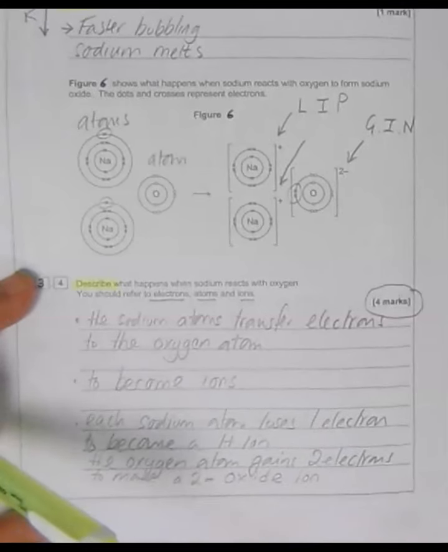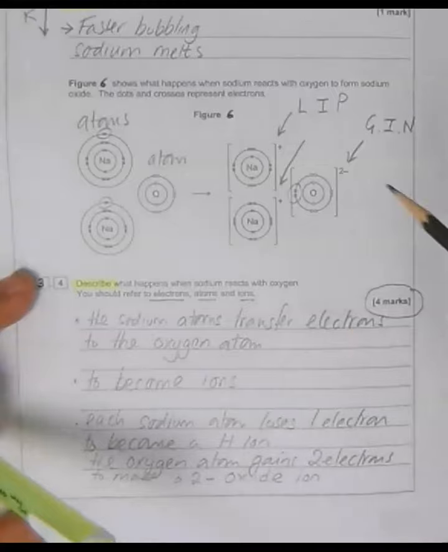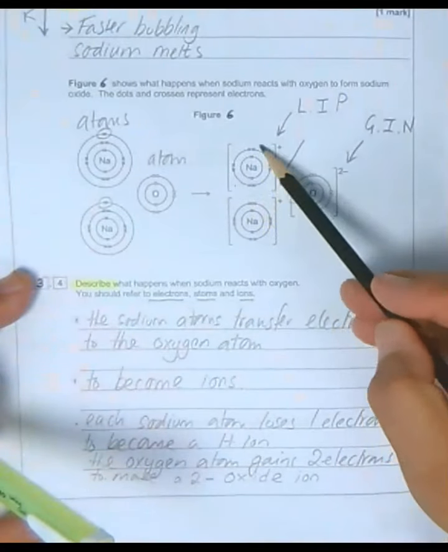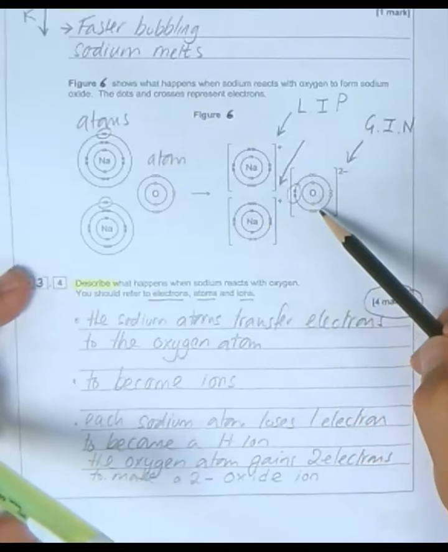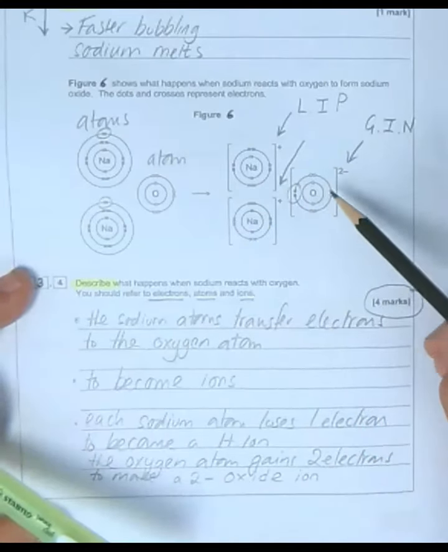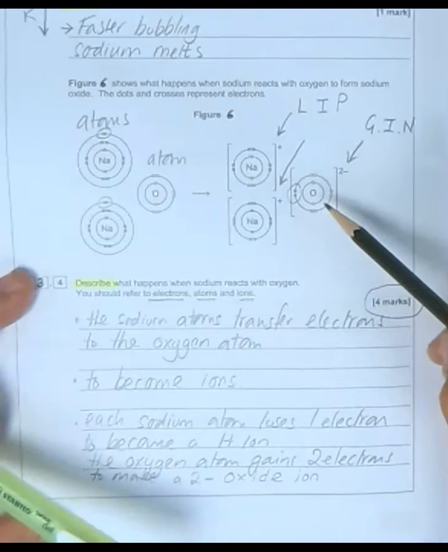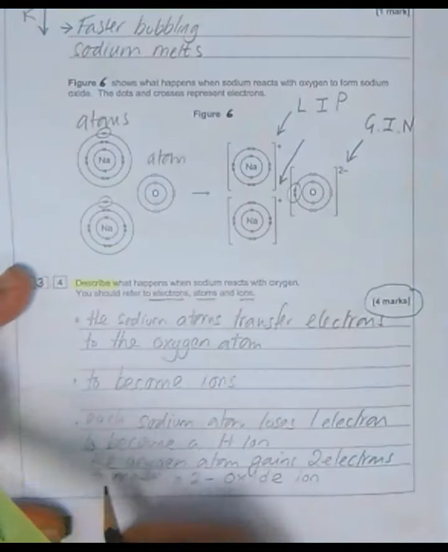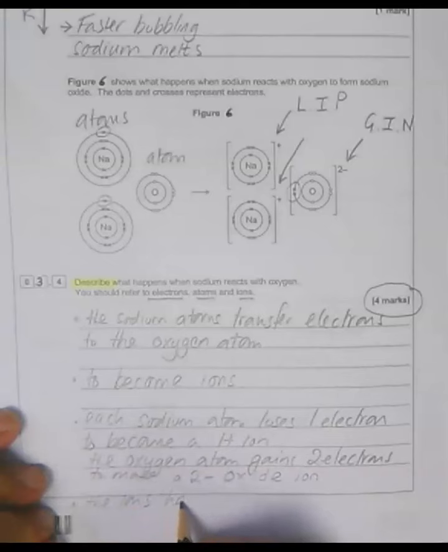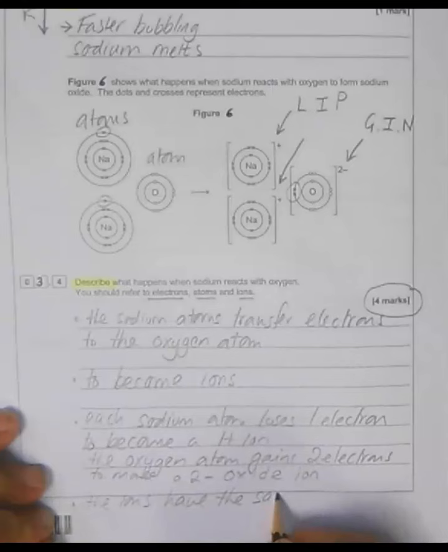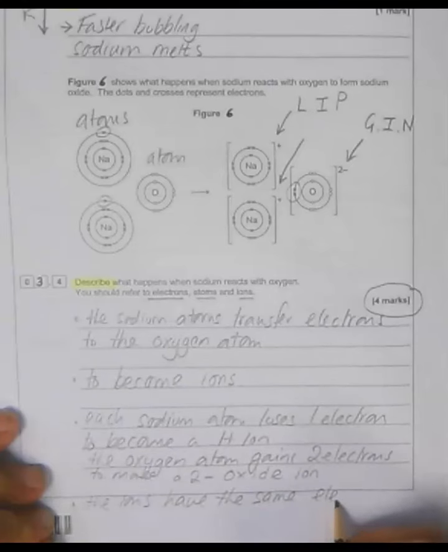Finally, notice what's happened here. For both sets of the ions, all of the shells of electrons are complete. So we could say that all the ions have full outer shells, or we could write the general rule for ions, which is that the ions have the same electronic arrangement as group 0, the noble gases.